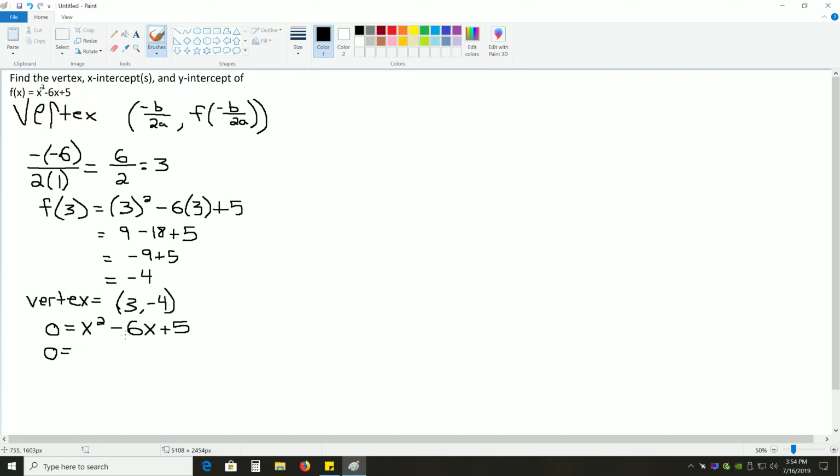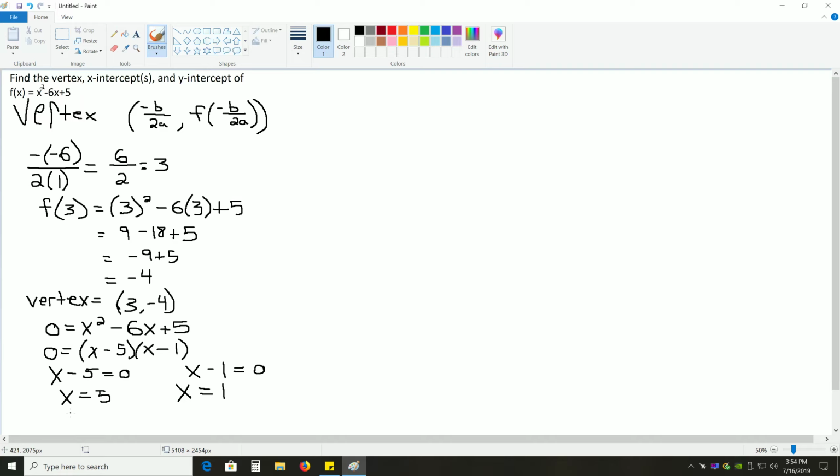X squared minus 6x plus 5 breaks up into x minus 5 times x minus 1. When you multiply all of this out, you get x squared minus 6x plus 5. And now if we set each of these factors equal to 0, then that leaves us with x is equal to 5 when we add 5 to each side, and x is equal to 1 when we add 1 to each side.